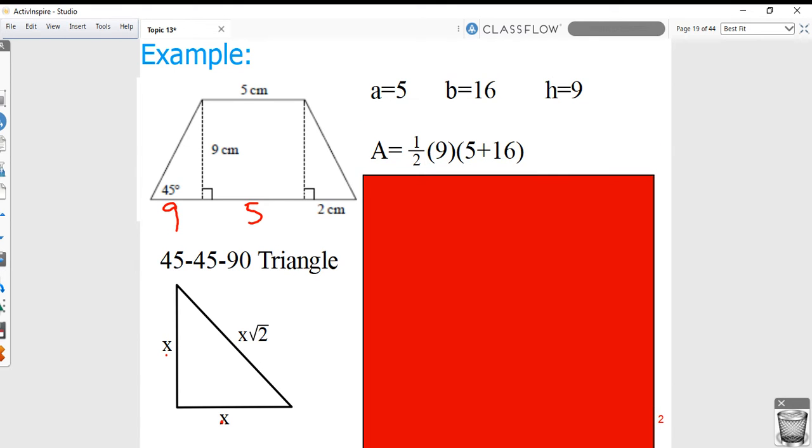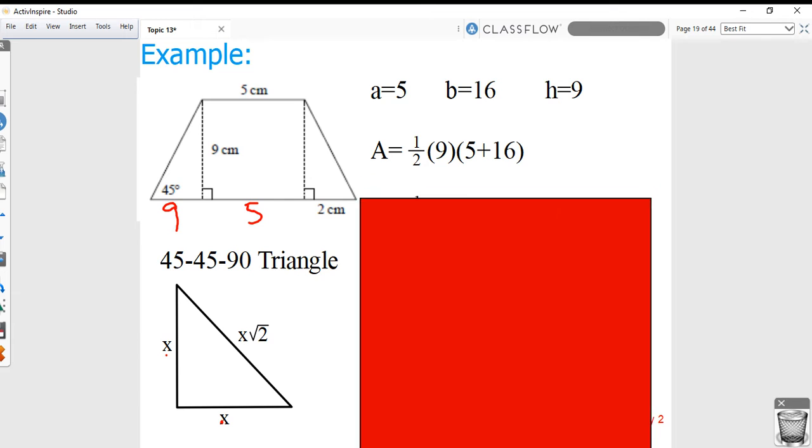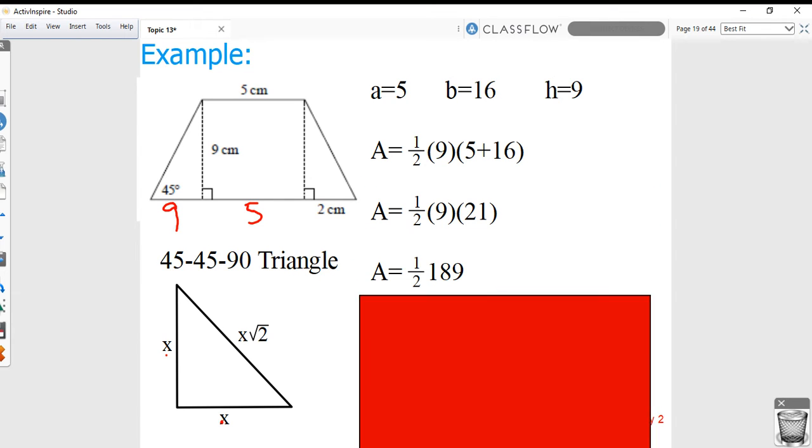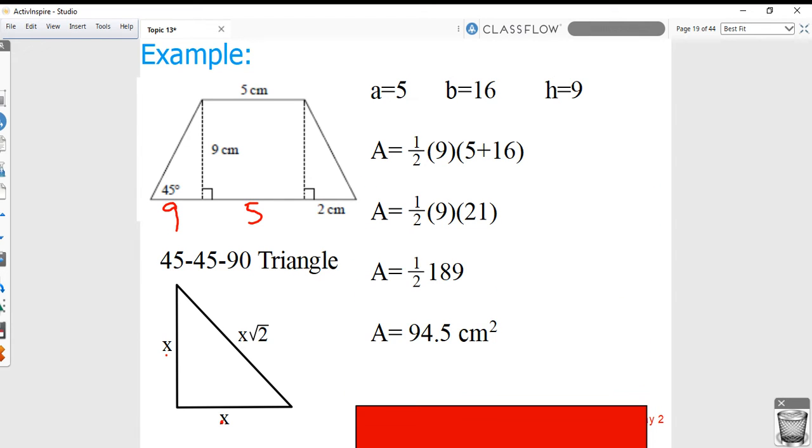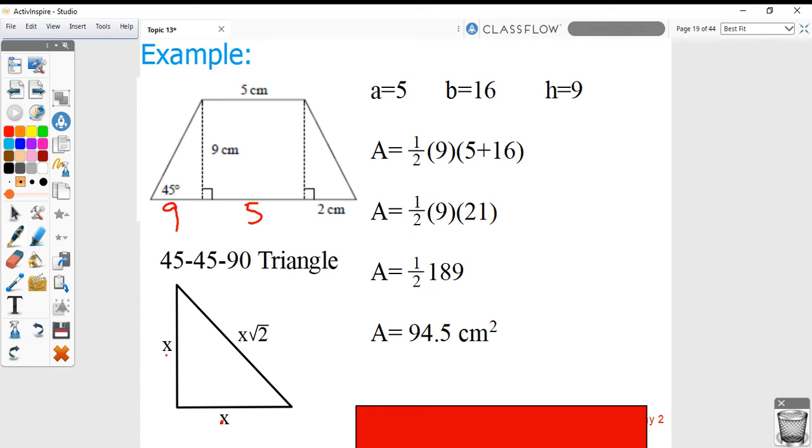So those are the things we plug in. Once again, just plugging into the formula, it turns out to be really simple. We simplify everything down. You can just punch it in the calculator however you need to. We end up with an area of 94.5 square centimeters.